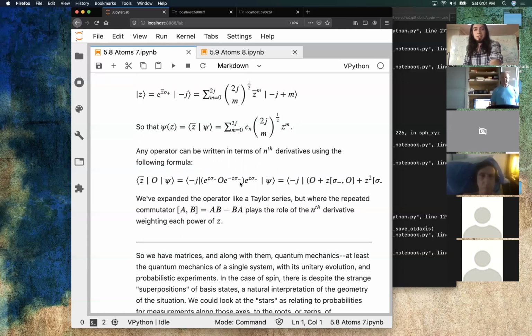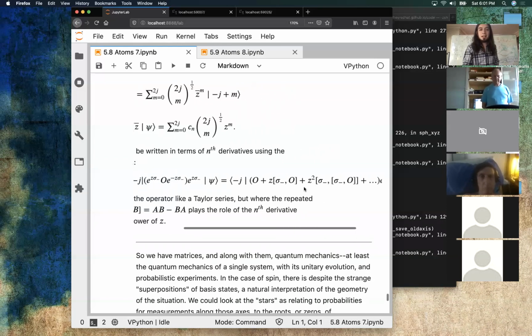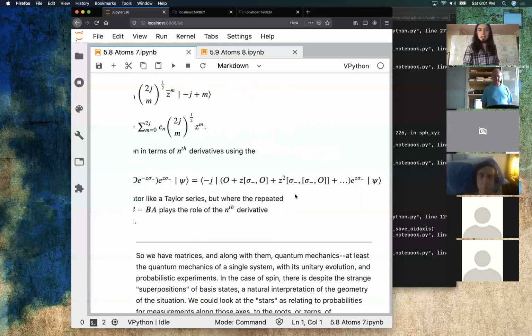And then here we just expand this out, where we just split it into 2, right? Because e to the negative Z sigma minus times e to the Z sigma minus is just 1. So that's really just trivial, except to say that once we have things in this form, we can use the Baker-Campbell-Hausdorff formula to write that as a sum.